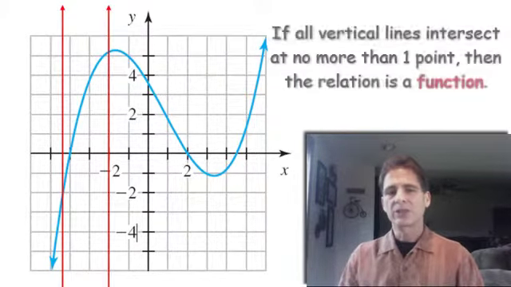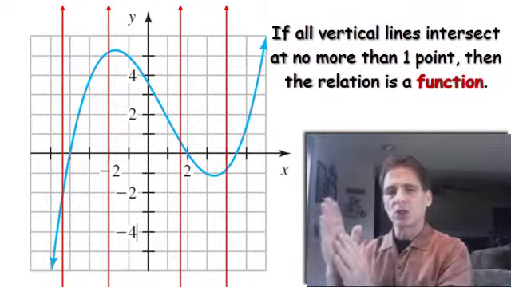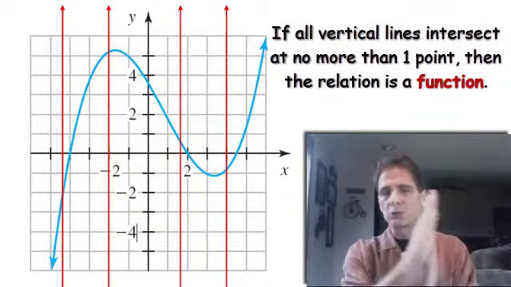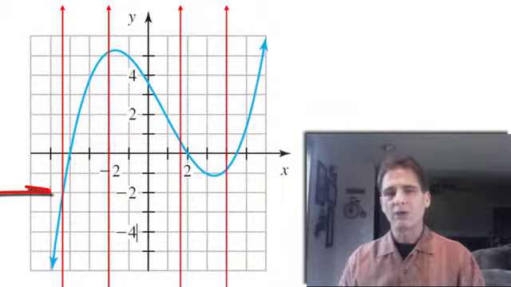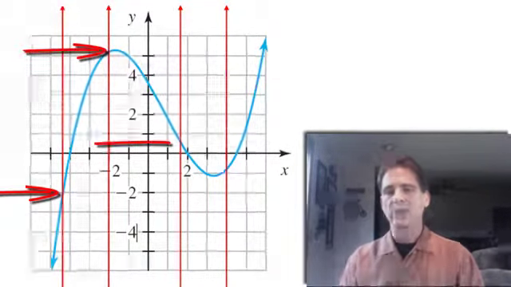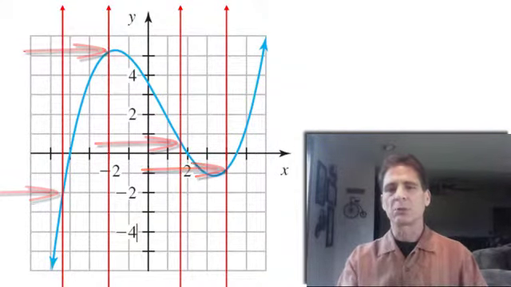The vertical line test simply says if I go across a graph of a function vertically with vertical lines, I should only get one y value whenever I pass through there, which we do here. That's what a function is from a graphical standpoint.